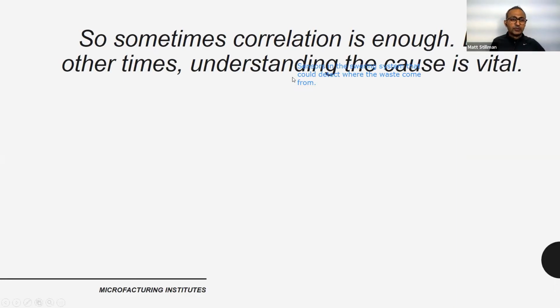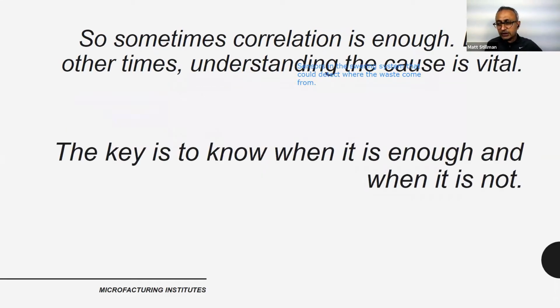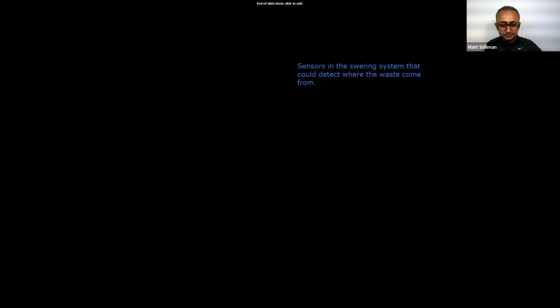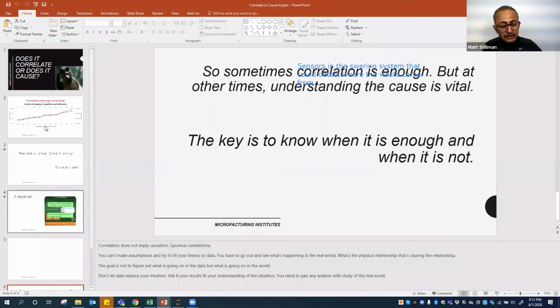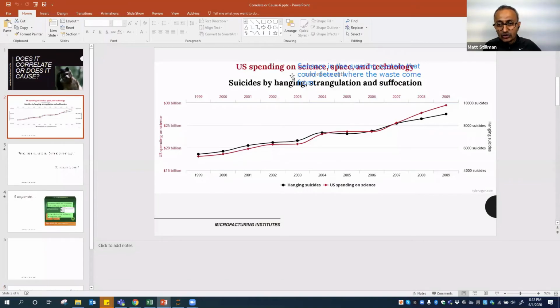But sometimes correlation is enough, but at other times understanding the cause is vital, okay? So the key is to know when it is enough and when it is not, right? It all depends on the kind of problems you're dealing with. In the kind of world I work in, causality is very important, right?